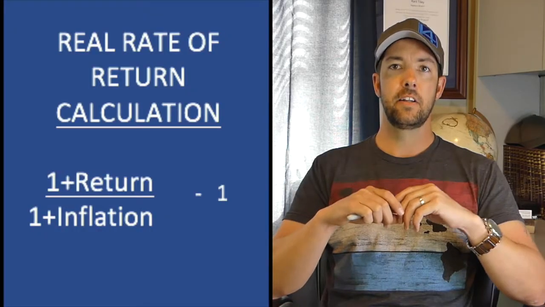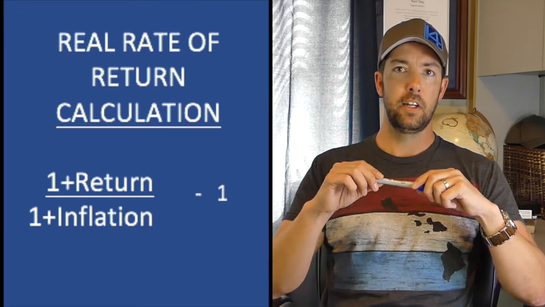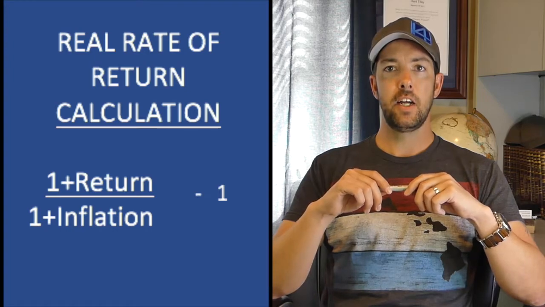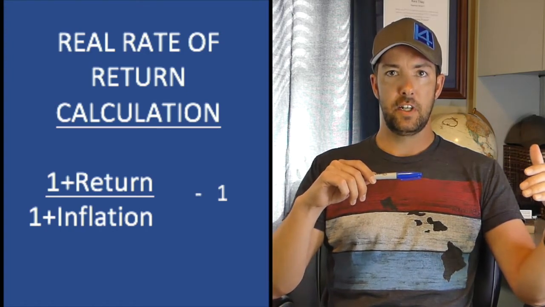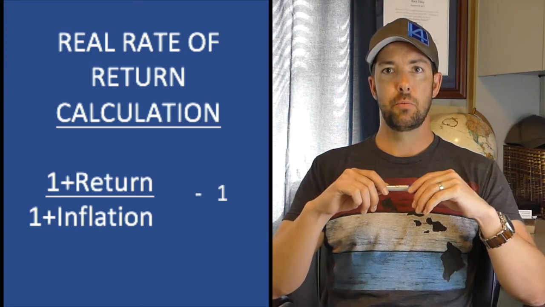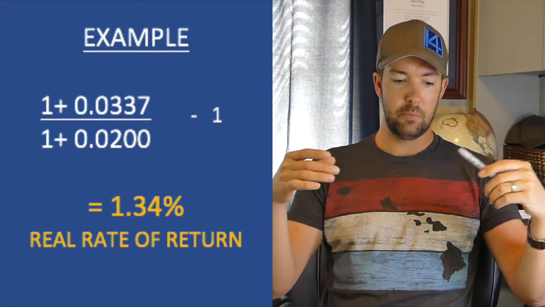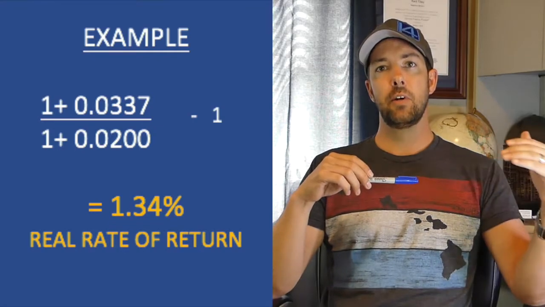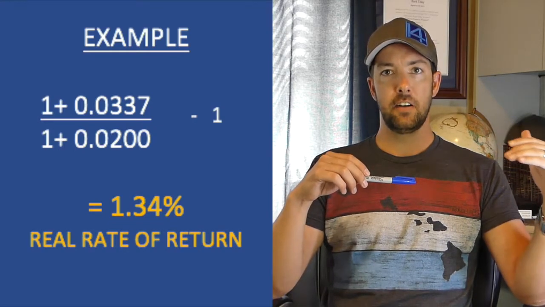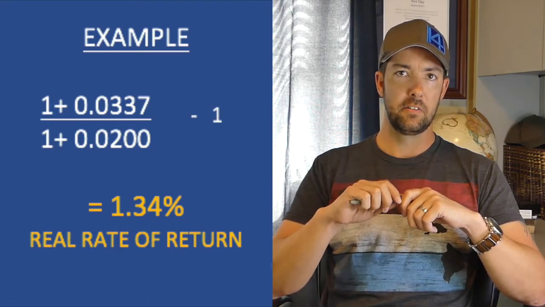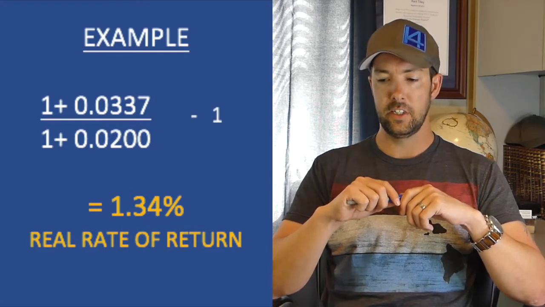And this is the math: it is 1 plus the rate of return you got, divided by 1 plus inflation, minus 1. If you do that math, you get an expected rate of return after inflation of 1.34%, which really isn't very good.